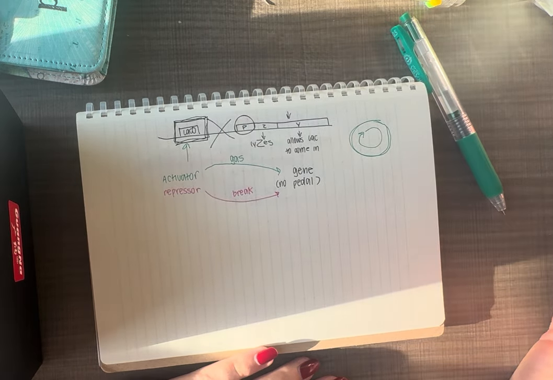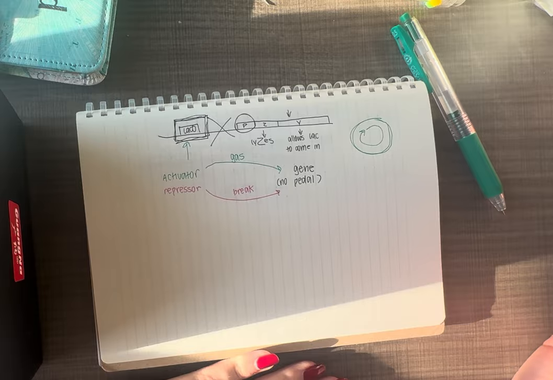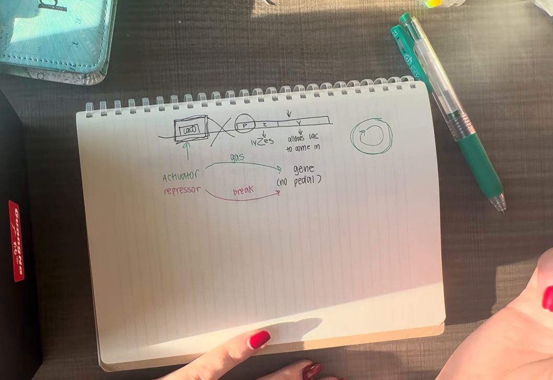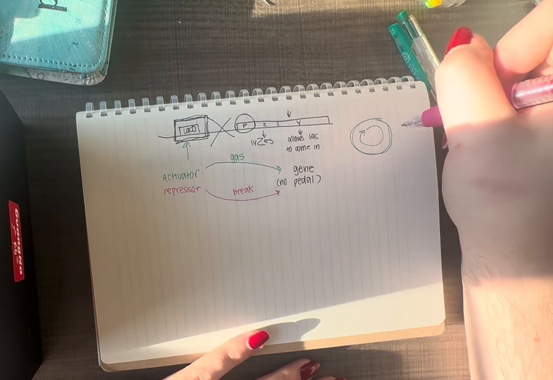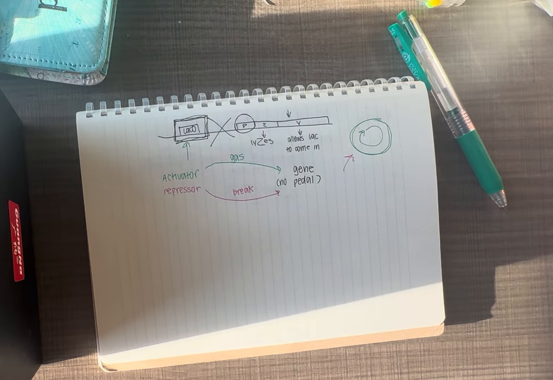So if you think about it, it would be quite beneficial for you to brake stuff when you don't want to make it and gas stuff if you want to make it faster, which is again why we add transcription factors to our plasmids that we're studying so we can have the max amount of expression.